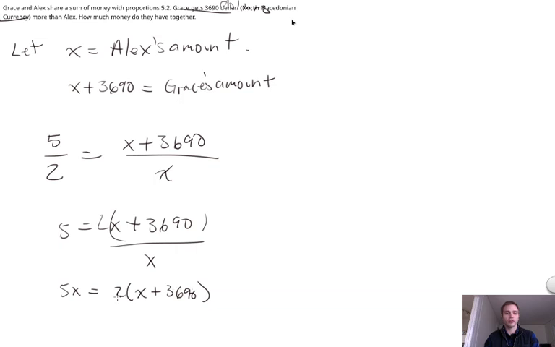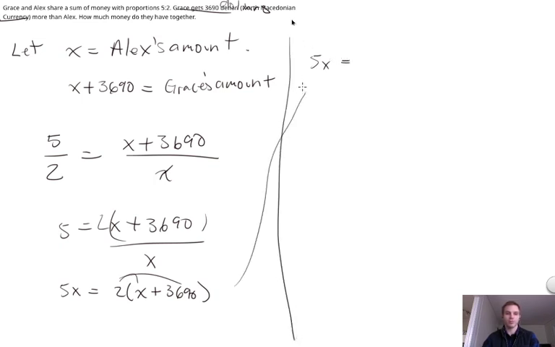Now here I'm going to distribute my 2. Remember how to do that. And we get 5X equals 2X plus 2 times 3,690.